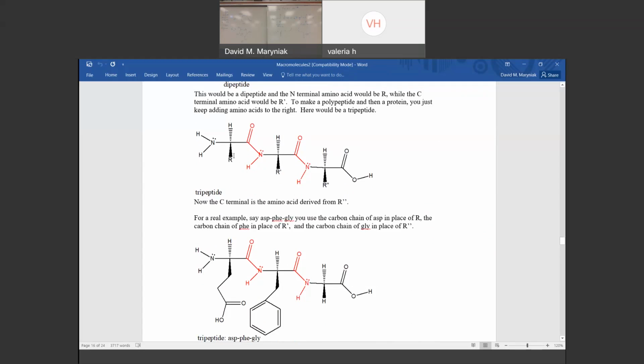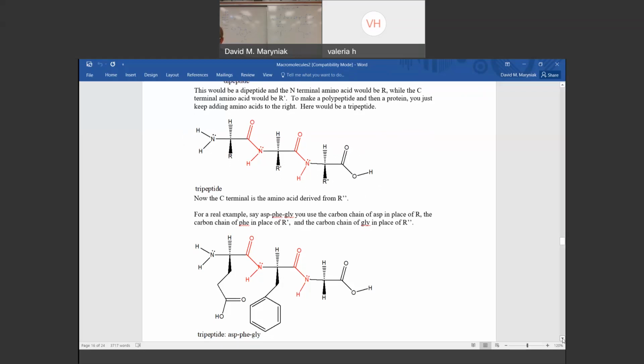This R group dictates the N terminal because it has a free amino group. This R group would dictate what we call the C terminal because it has a free acid group. This R group is the middle of the two, so it's neither N terminal or C terminal.